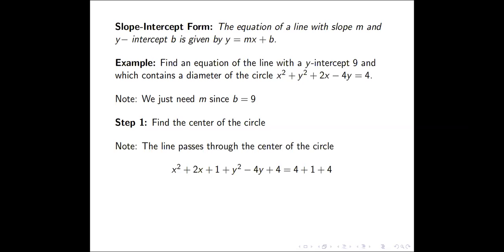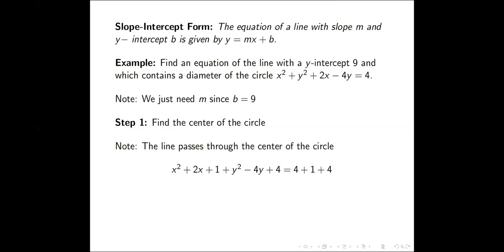So we need to complete the squares. Let's recall again, how do we complete the squares? We group the x's and we group the y's, and then all the constants we put on the other side of the equation, usually on the right-hand side, and all the variables on the left-hand side.